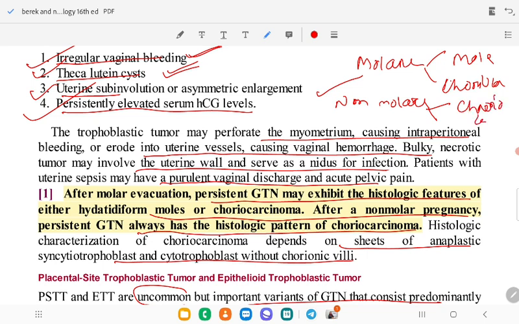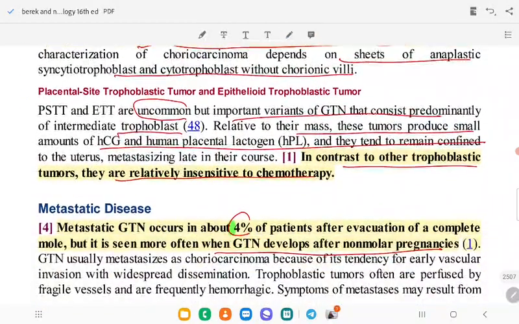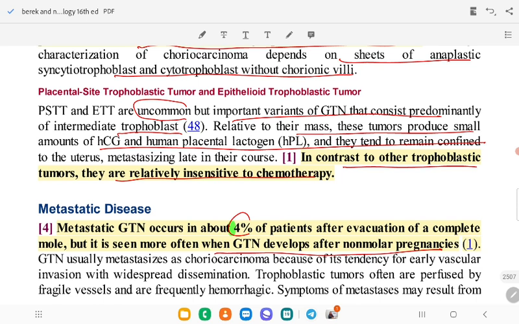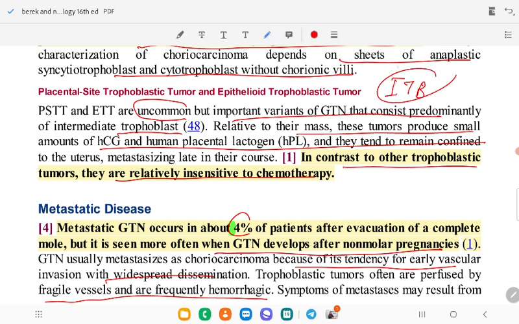Usual categorization depends on the site of anaplastic trophoblasts, with or without chorionic villi. Placental site trophoblastic tumor and epithelioid trophoblastic tumor are important variants, arising predominantly from intermediate trophoblast. Related to their mass, these tumors produce only a small amount of beta hCG and human placental lactogen (HPL).